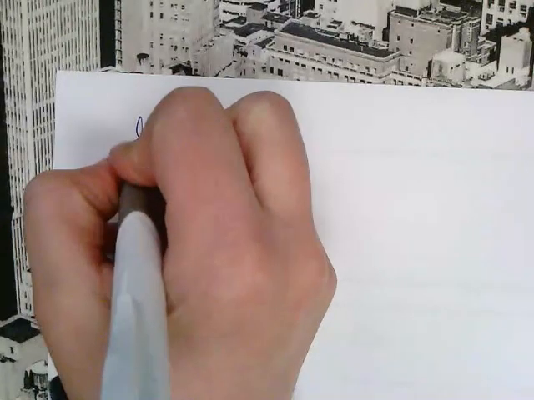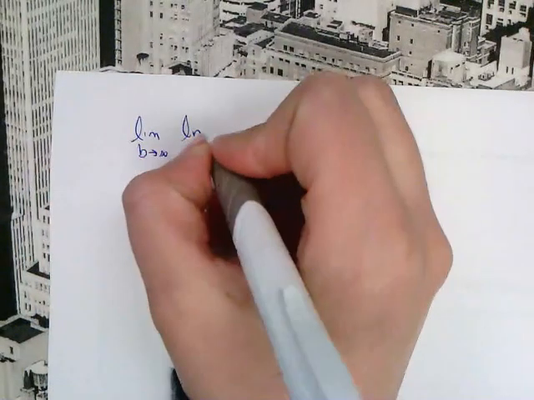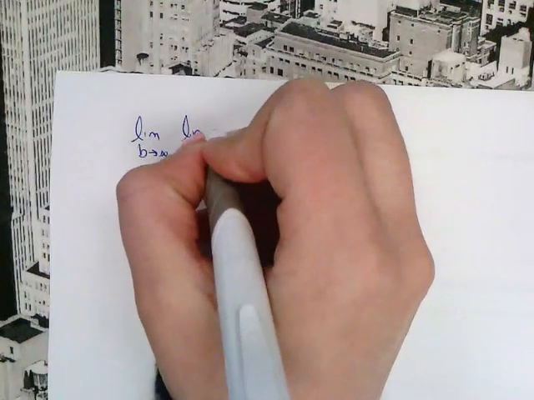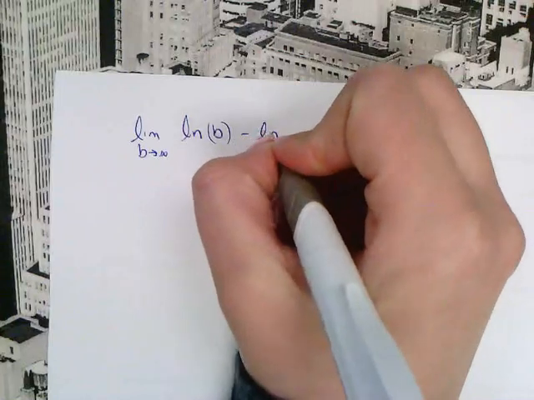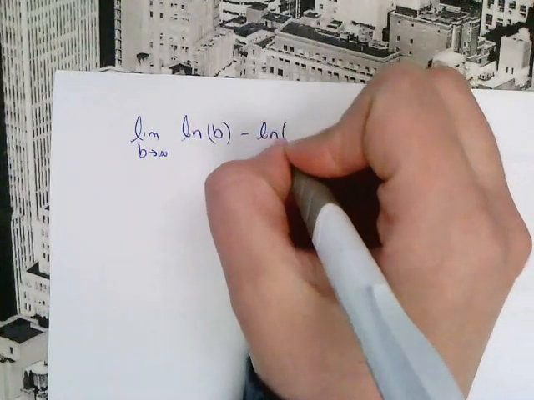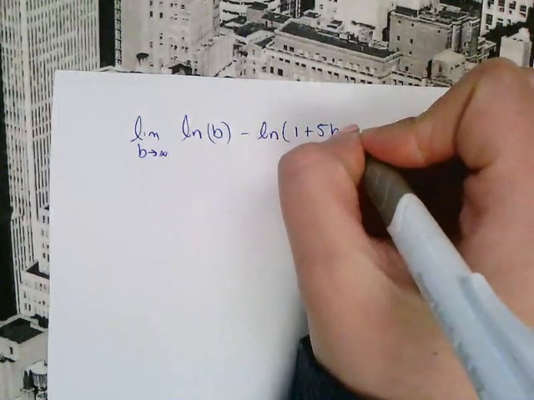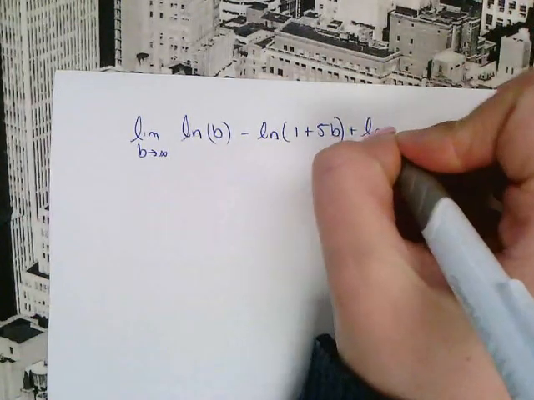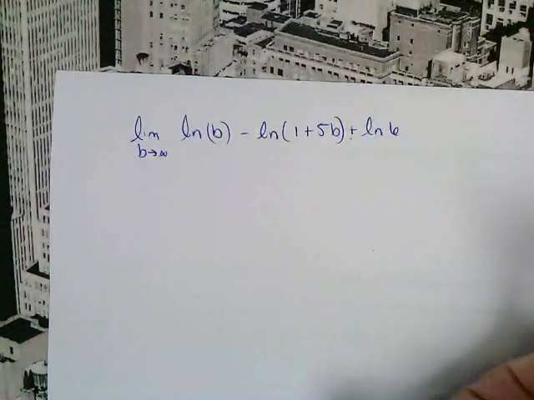So the limit as b goes to infinity of ln of b minus ln of 1 plus 5b plus ln of 6. And the reason it became plus is because I distributed that negative.